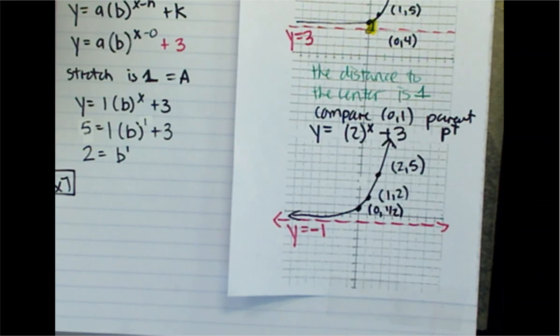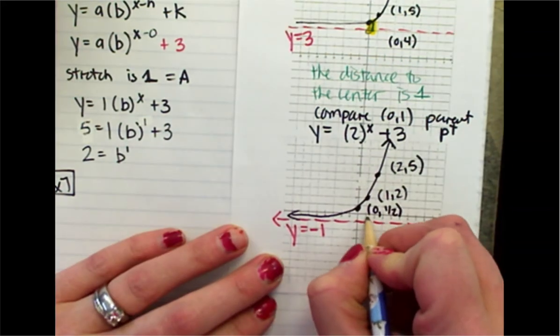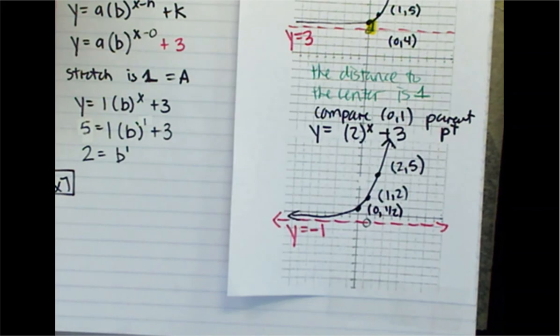Okay. Anyone have a suggestion on where they want to put the center? Where do you want to put it? 1, -1. Why? Because it's directly under another point that's very easy to read. Good choice.